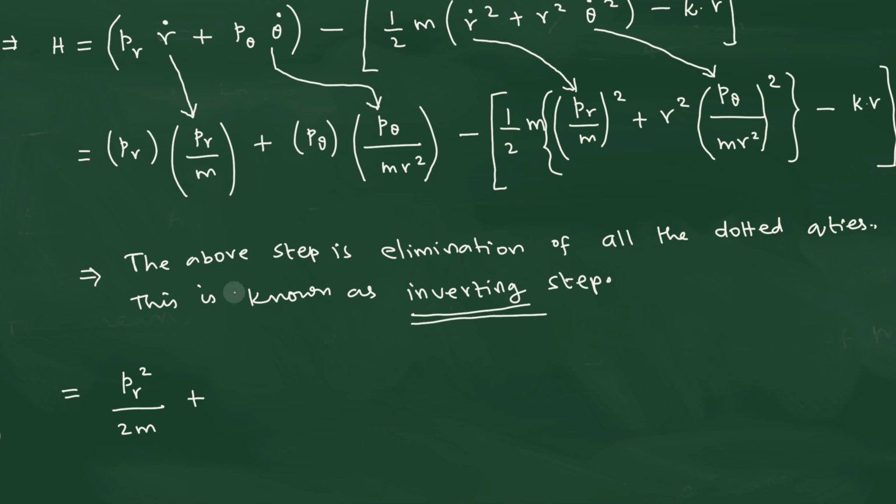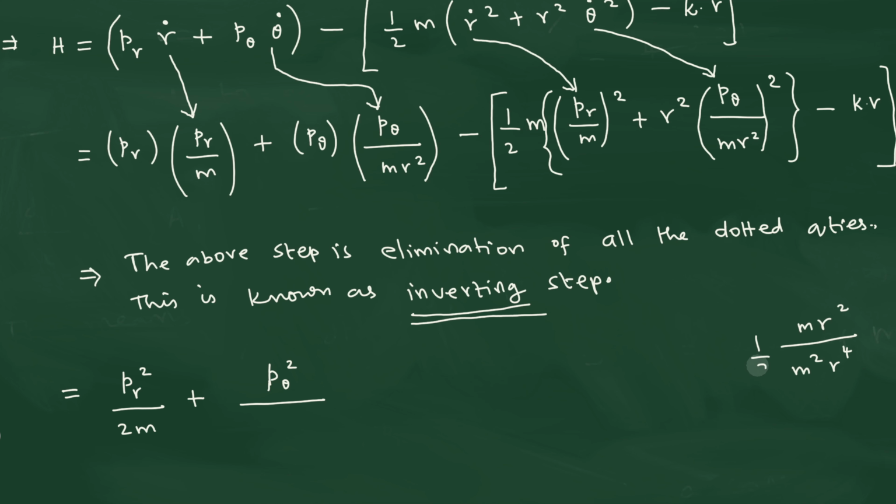Then you get a plus. And here you have p theta square, so here also you have p theta square. So I'll write down that this is p theta square divided by, here you have m r square. Here what happens is that there is an m square r to the power 4, isn't it? So there is an m square, then you have an r to the power 4. But there is an r square here, so I'll write r square in the numerator. There is an m here in the numerator, and then 1 by 2 is there.